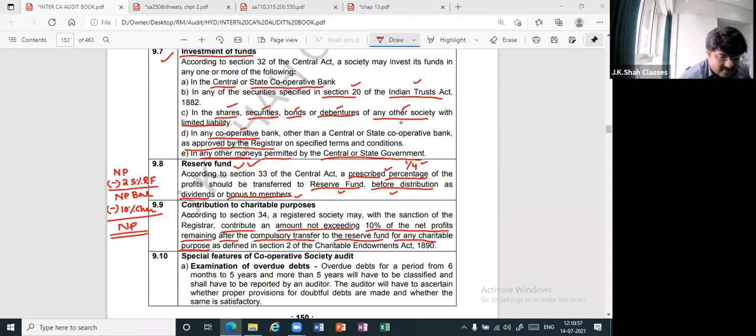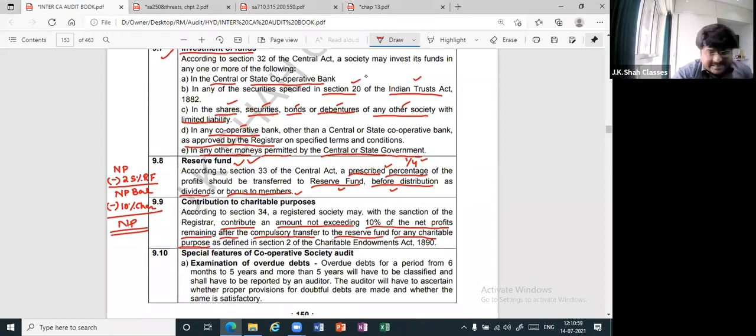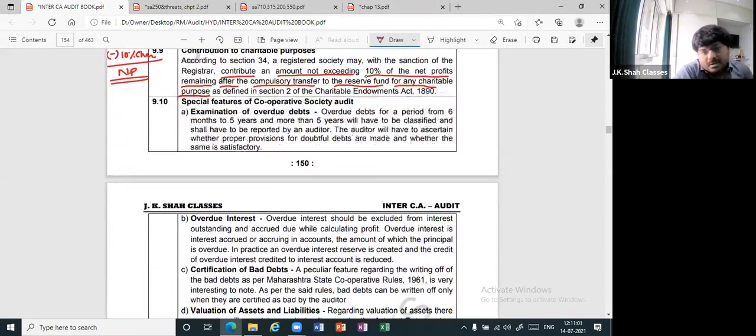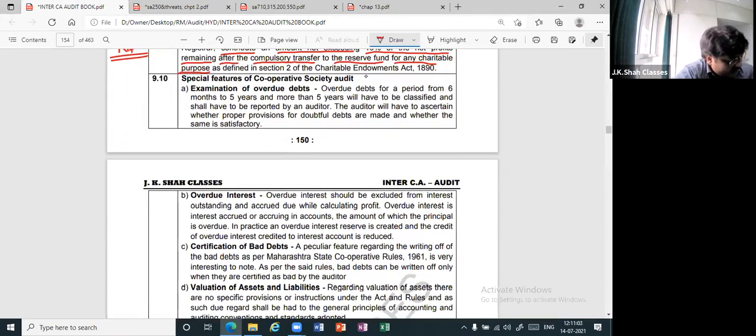Fair enough. Then see, special features of cooperative societies audit: examination of overdue debts. This is what I was telling you, that if it is more than 5 years, you have to report it separately. Then if it is from 6 months to 5 years, that is separate. So read this overdue debts.